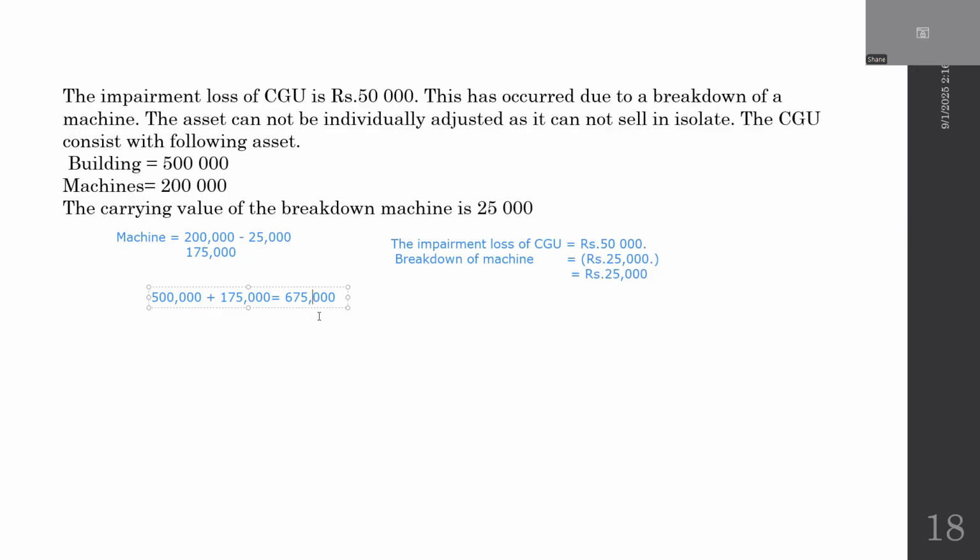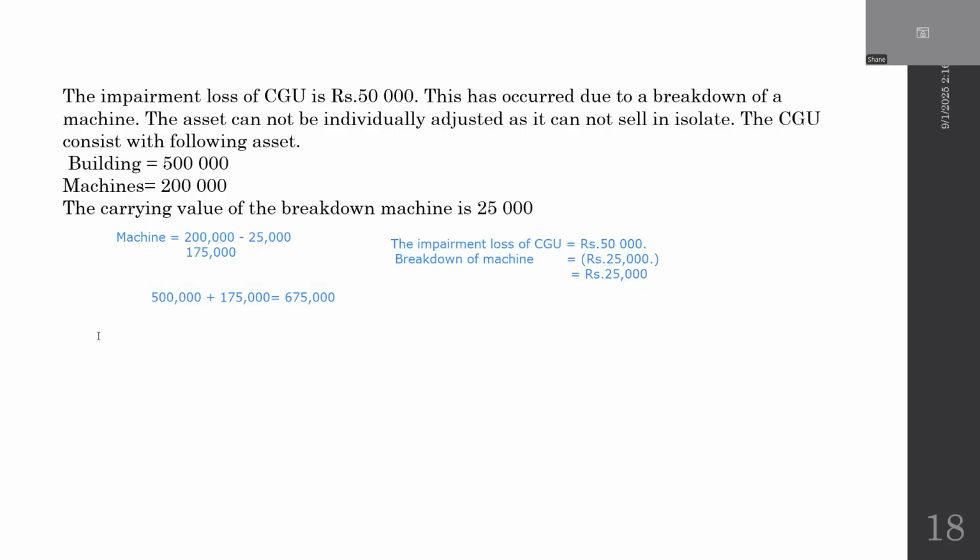But this is not the answer. If we want to allocate the rest of the 25,000, we should take it from the building and machine and count it individually. So we use a function to get the impairment losses of the building and machine.